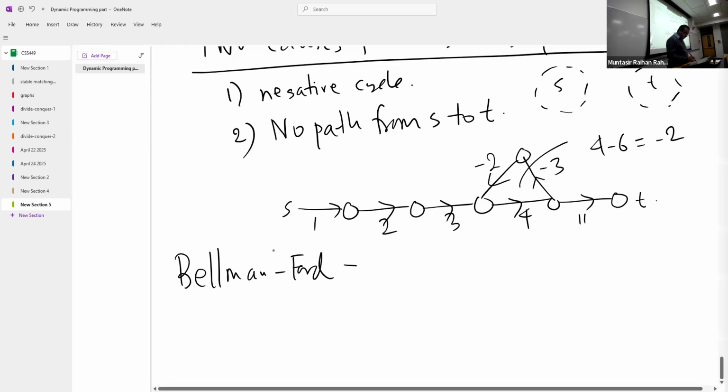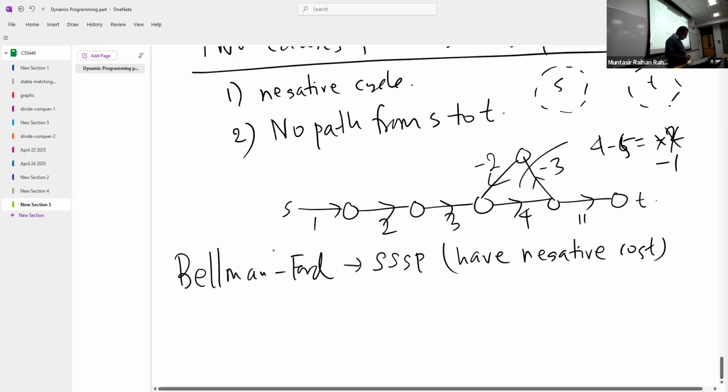First we're going to look at the single source shortest path version of this, where you can have negative weights or costs. Let's first assume no negative weight cycle.